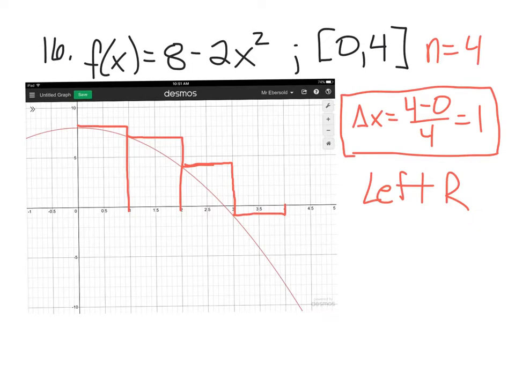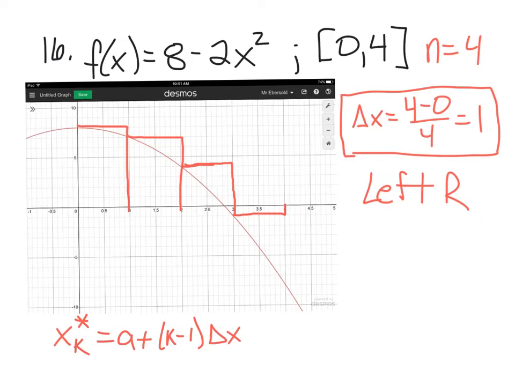And so then how does that work? Well, we found our change in x. We still need to find our x sub k star, which is, again, any point on these intervals, but since we're using the left-hand one, we're going to use the formula from the book in the previous section: a plus whichever interval we're on minus 1 times change in x.